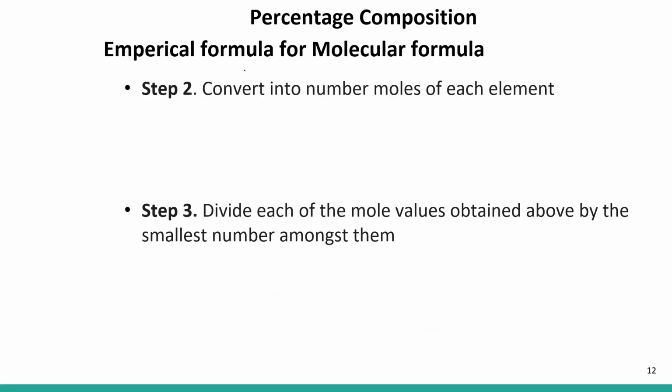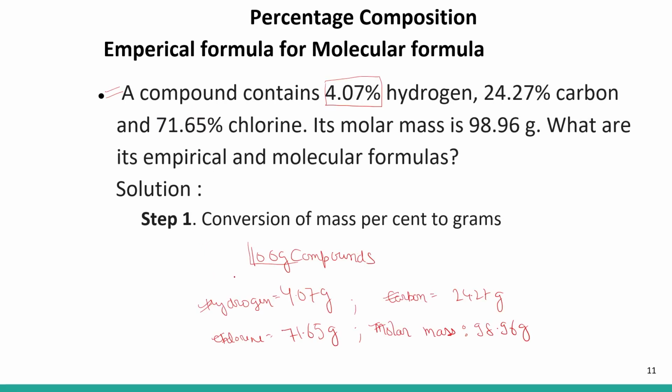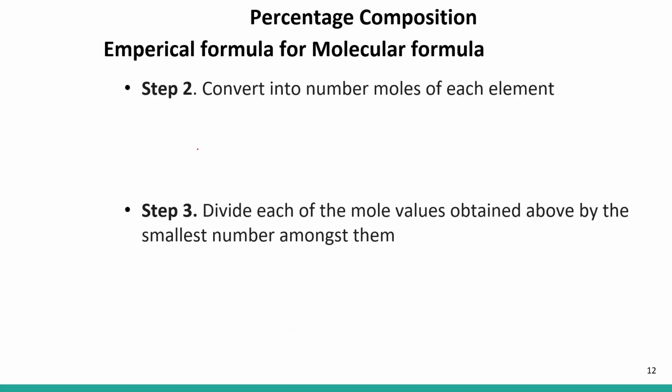Okay. Now convert into number of moles for each element. So how do we convert it to number of moles? I have discussed it in the last lecture also. So you simply divide the mass of that element in the given compound by the atomic mass or the molar mass. Okay. So this is hydrogen, it is 4.07 gram. You will divide this mass by its molar mass.